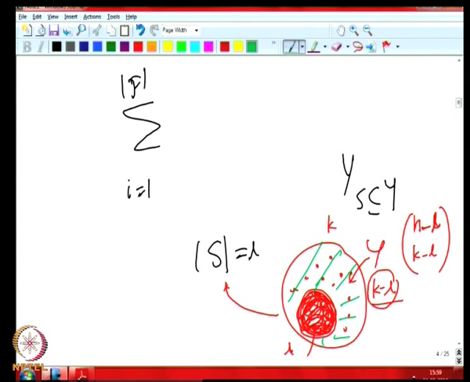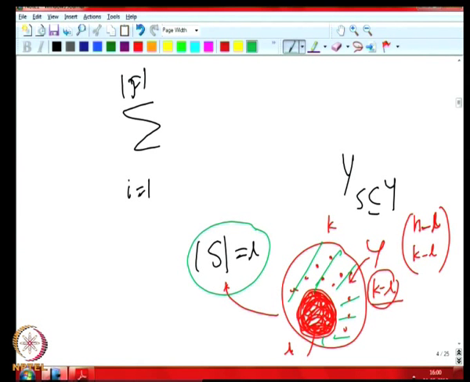Is it clear? Because we want the K element subsets of the universe n such that a given L element subset is inside it, the way to do it is you just pick up the members of that L element subset first and keep it aside, and now decide the remaining K minus L elements which should make up the K set, because these L elements have to be there anyway, but the remaining K minus L elements can come from n minus L possible elements.